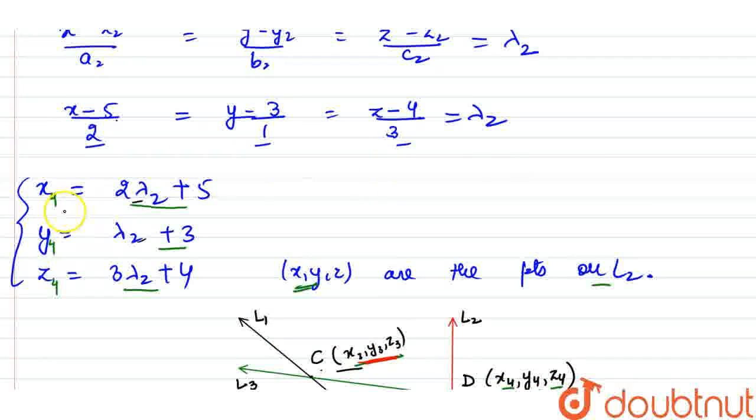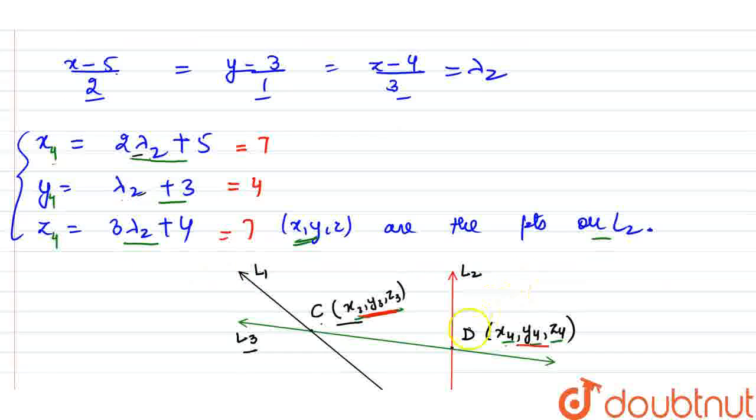So these are the coordinates of x4, y4, z4. On putting lambda 1 as 2, x4 will be 2 plus 5, 7. This is 1 plus 3, 4. And this is 3 plus 4, 7. So coordinates of D are 7, 4, 7.